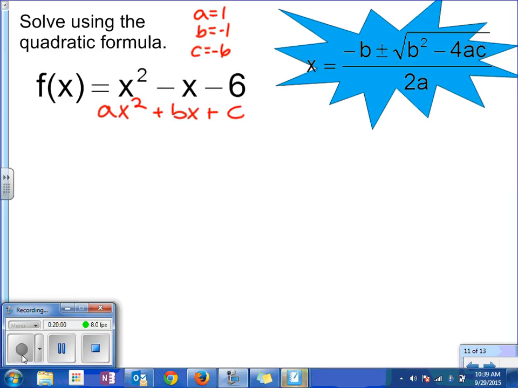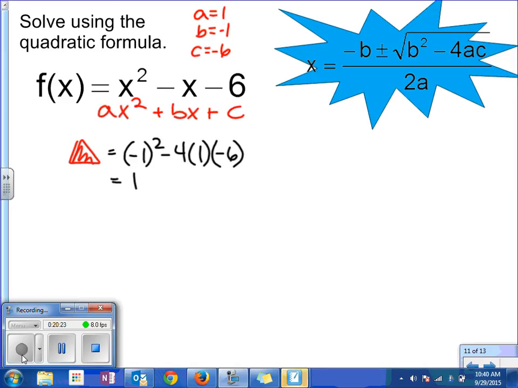Then we're going to calculate step 1, which is our discriminant. We would do b squared, which in this case is negative 1 squared, minus 4 times 1 times negative 6. That's minus 4ac. When you square negative 1, it's always going to be positive, so we get a positive 1.